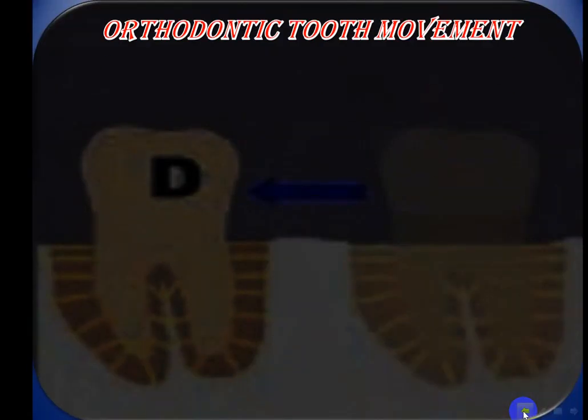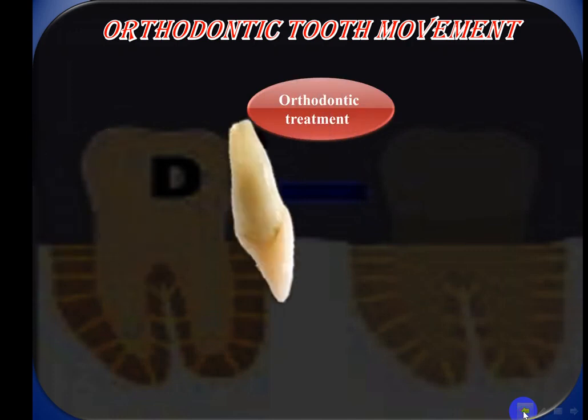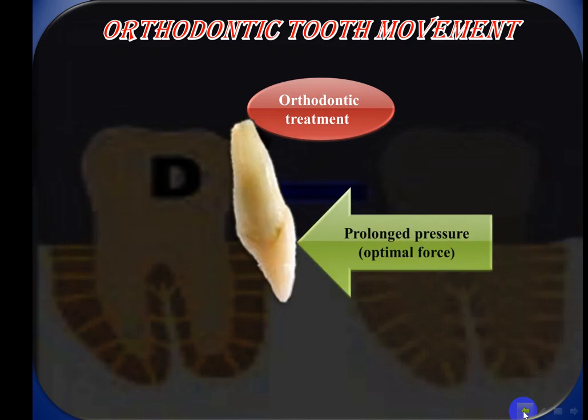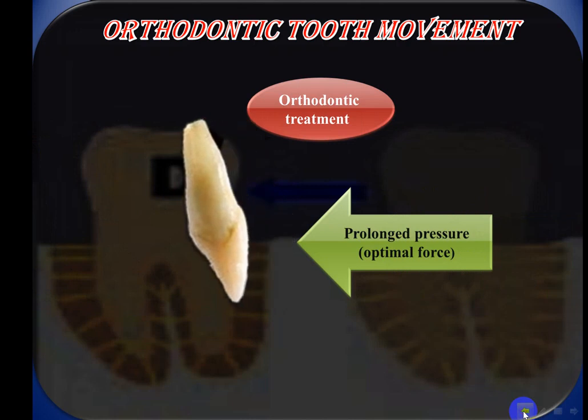Before I talk about the biological response, let me give you the principle that every orthodontic treatment depends on. The principle is that when a prolonged optimal force is applied to the tooth, movement will occur as a result of metabolic or chemical changes in the bone.